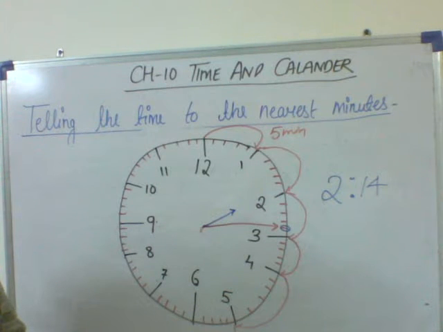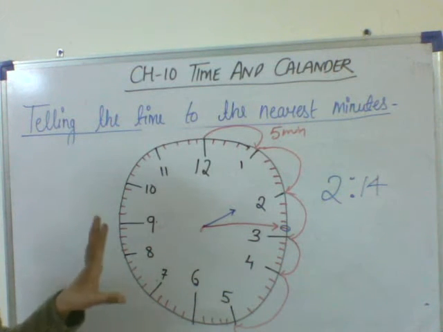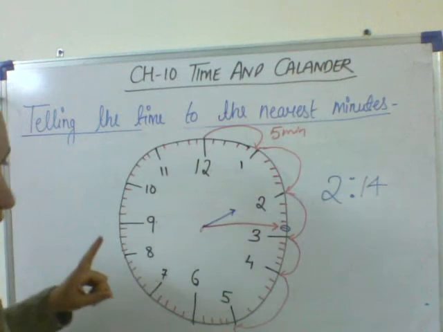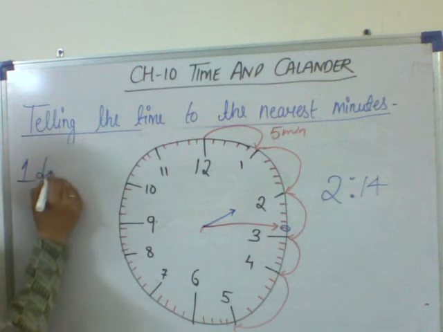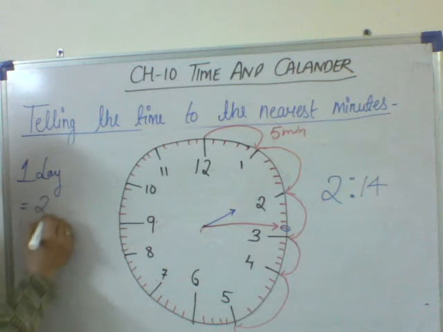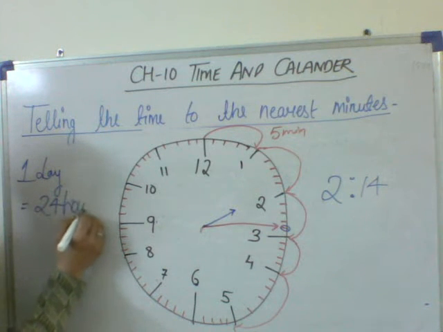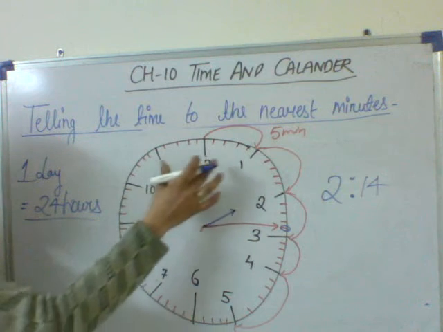So a day has how many? 24 hours. So in a 12-hour clock, the hour hand goes around the clock 2 times and shows similar timings twice a day. In one day there are 24 hours, and in this clock you can see only 12 hours.